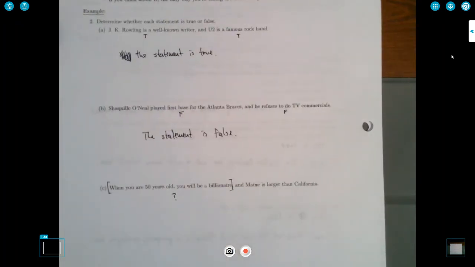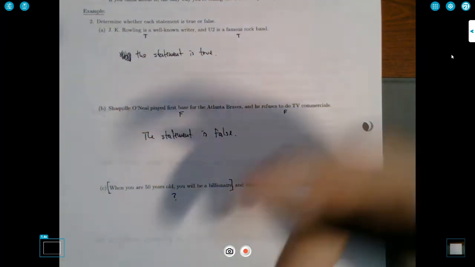Maybe I'll be a billionaire by that time. And some of you listening might be 50 already, and so you may know whether this is true or false. Maybe you're a billionaire, and maybe you're not. But a lot of you who are watching this probably aren't 50 years old yet, and so you don't know. Maybe you'll be a billionaire. Who knows, right? So we don't know the truth value of that.